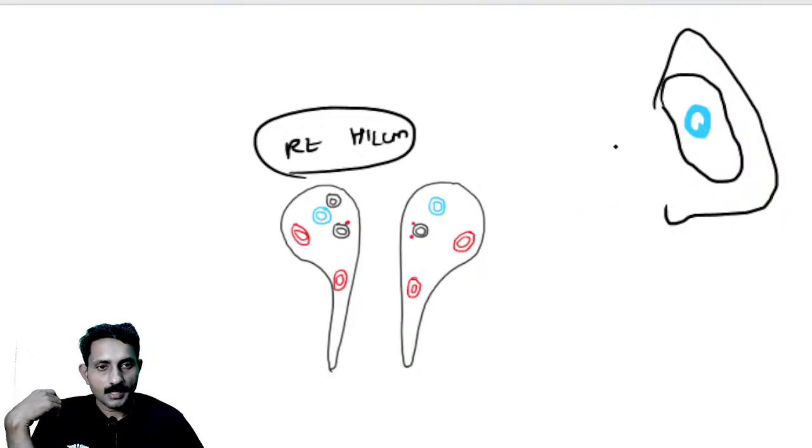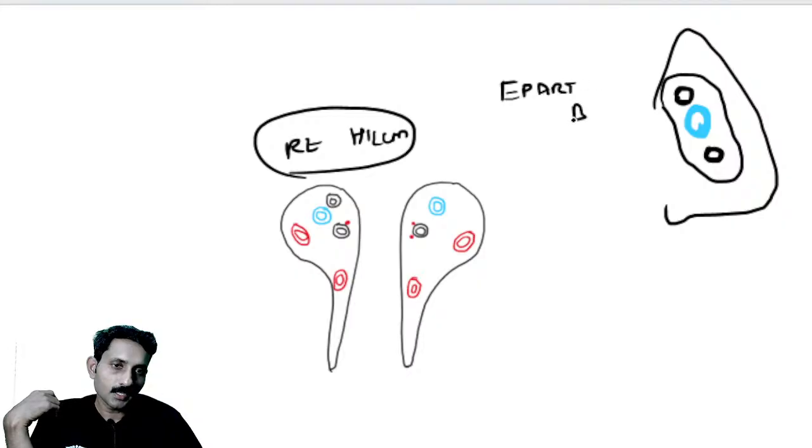Now on the right side, above this pulmonary artery, one bronchus will be there. Below the pulmonary artery, one bronchus will be there. The upper one is called eparterial bronchus. Below that, one is coming, that is called hypoarterial bronchus. What is this artery?